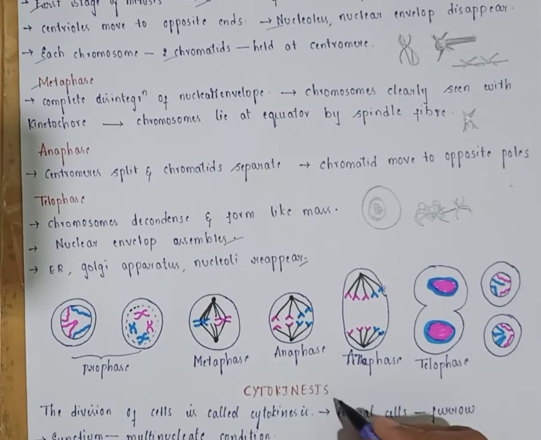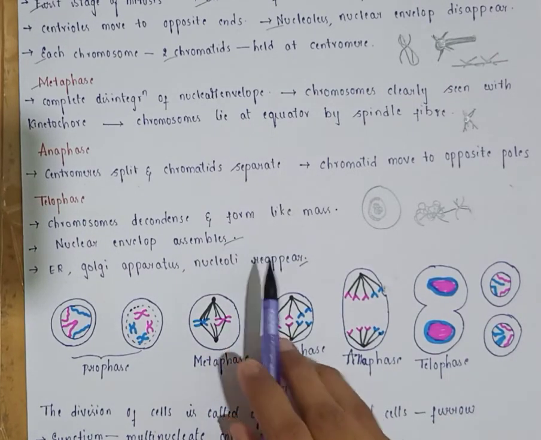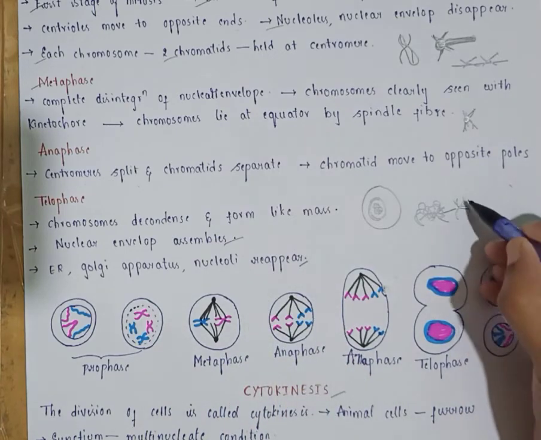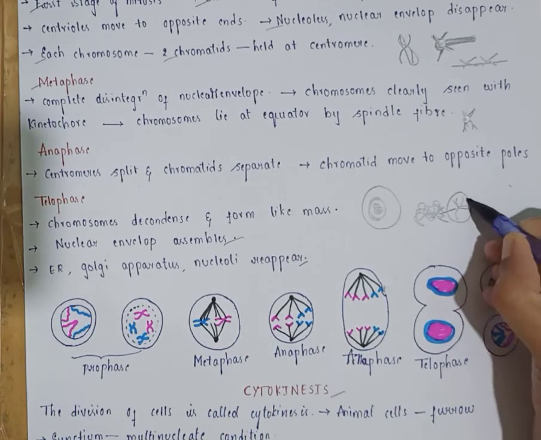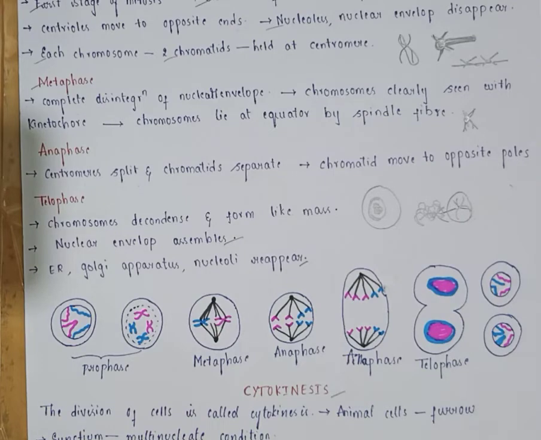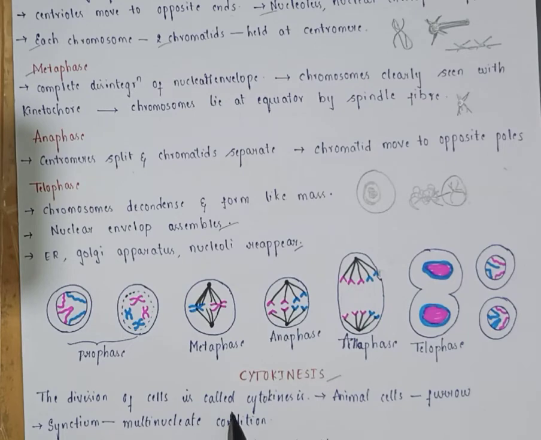And the last one is cytokinesis. Up to here we only discussed the separation or dividing of genetic material or chromosomes. Cytokinesis means division of the cytoplasm.